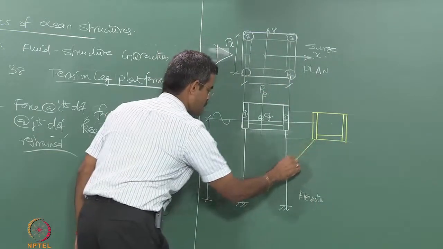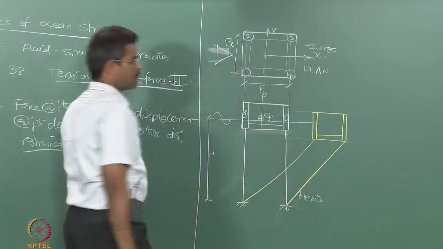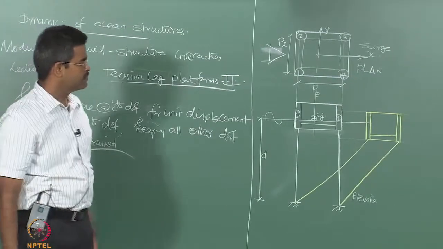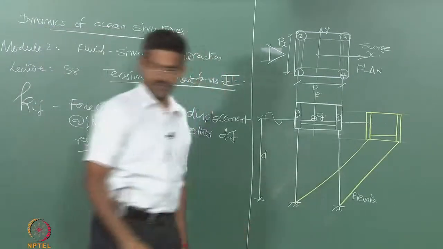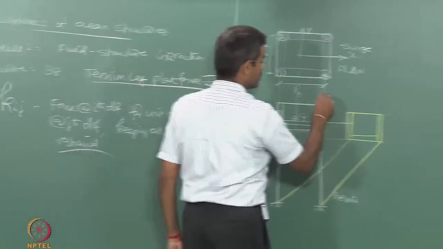The cables are inextensible, they do not get plucked off from the location, and we all know in classical terms this is what we call offset.